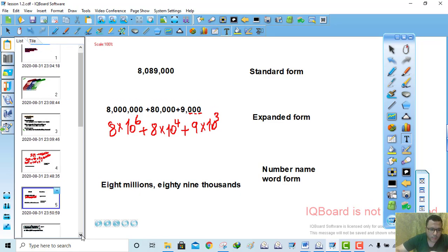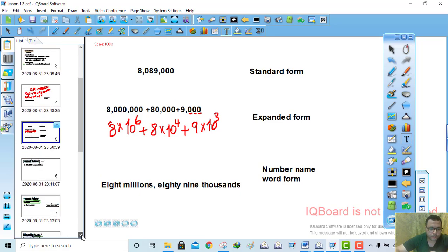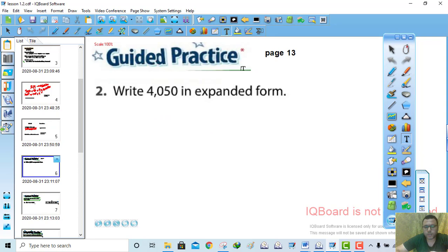Okay, in your book, in guided practice page number 13, write this number 4050 in expanded form. So as we studied here, we have to split it. So the 4 will be multiplied by what? It's in which place? In the thousand place.